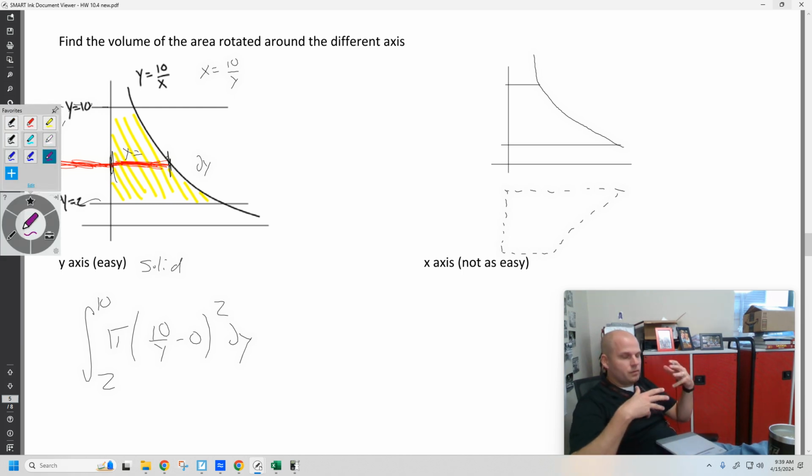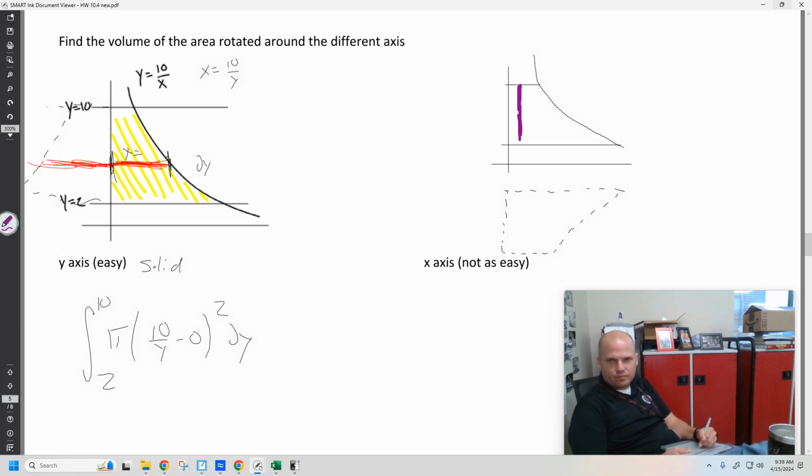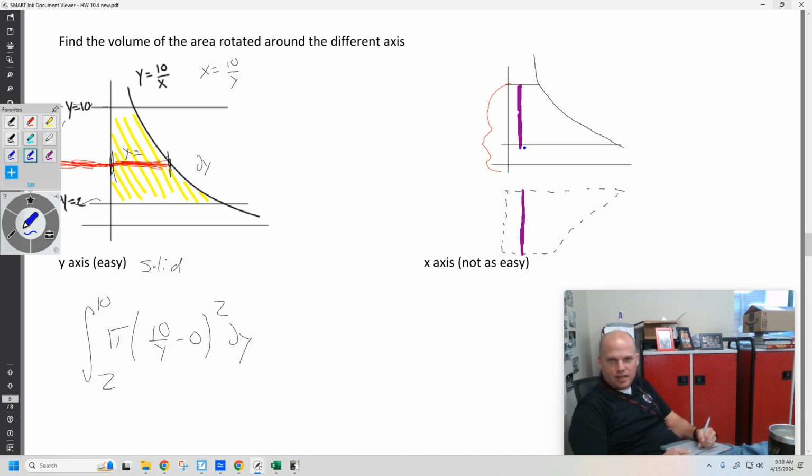You have potentially 3 or 4 integrals that you could have. You have this set, which has these 2 radii, outer radii, inner radii. But then once you get here, things change.